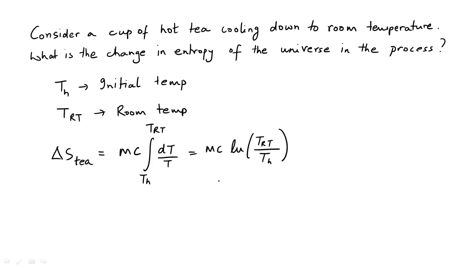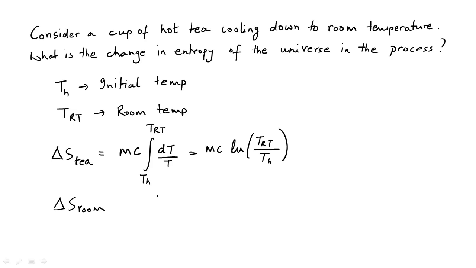Now what about the room? The change in entropy of the room needs to be calculated, and for this you have to realize that the room is a reservoir with a very large heat capacity, and its temperature does not increase when it absorbs heat from the cup of tea.